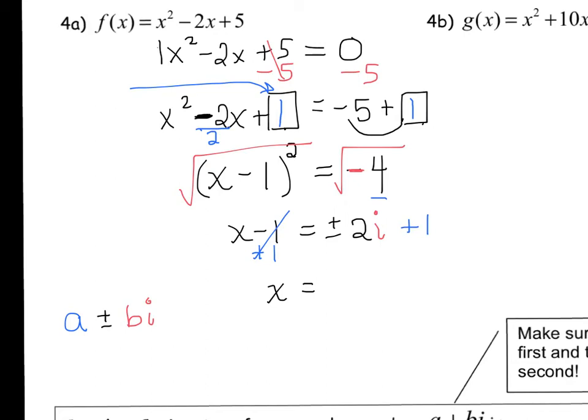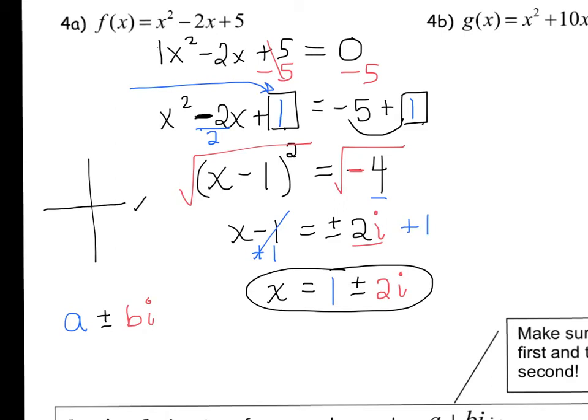So we are going to write the 1 first, because that's the real part, a positive 1, and then we'll put the plus or minus 2i, because that's the imaginary part. And now we're done. This is a problem that did not cross the x-axis at all, because these roots are imaginary. They are floating somewhere up above the x-axis.